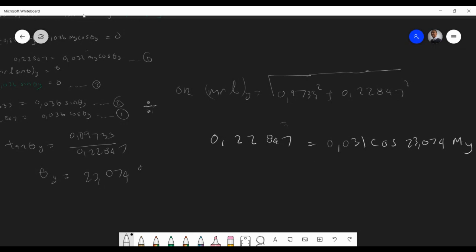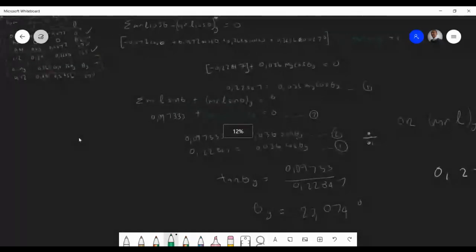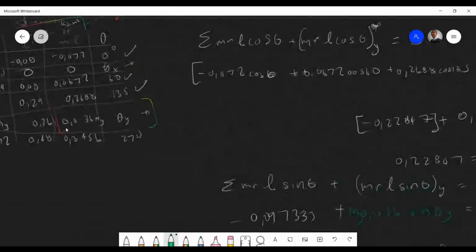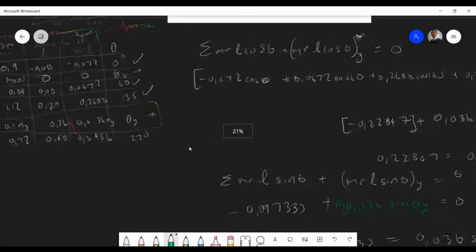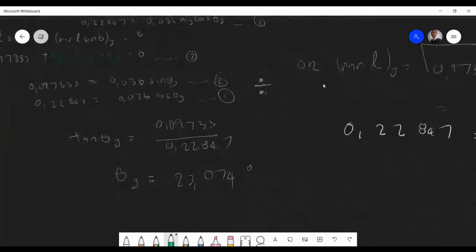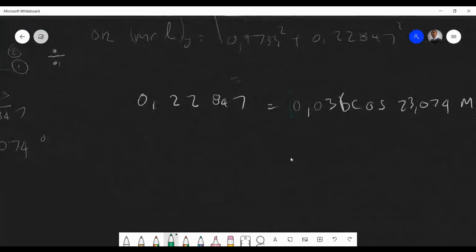This is what I'm talking about. And this is not 0.1, it's 0.036. Remember, this here is 0.036 MY because of that angle. Of course, I'm just making you aware. This stuff is lekker.